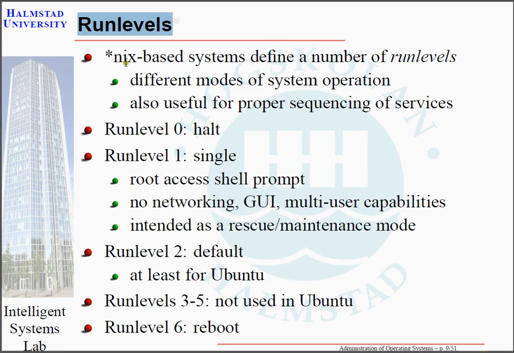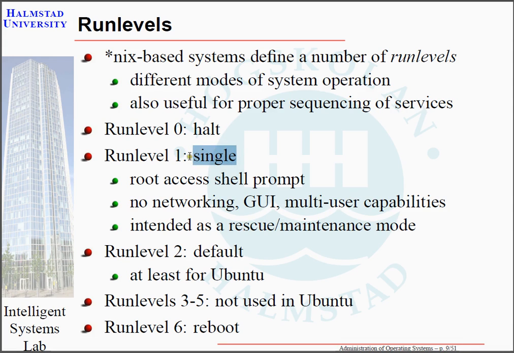Almost all Unix-based systems, not just Linux, have the concept of run levels, which are basically different modes of operation of the system, and can also be useful for proper sequencing of services. You typically start at run level 0, which is shutdown, so the computer is not running here. You go through run level 1, which is single user.